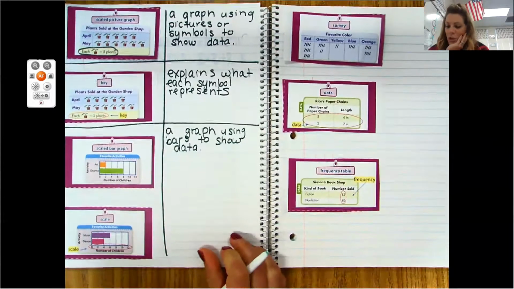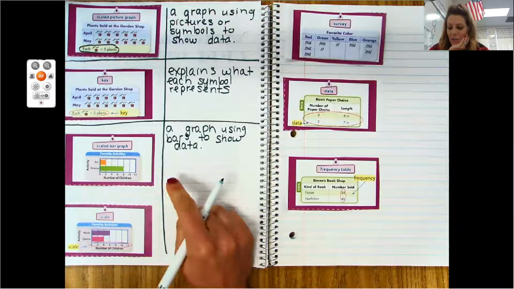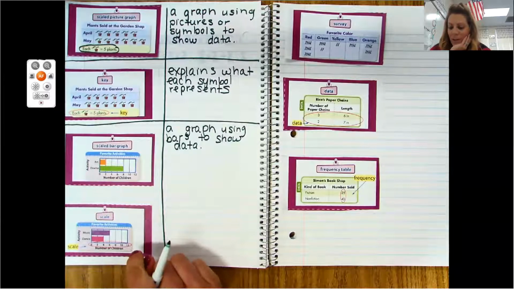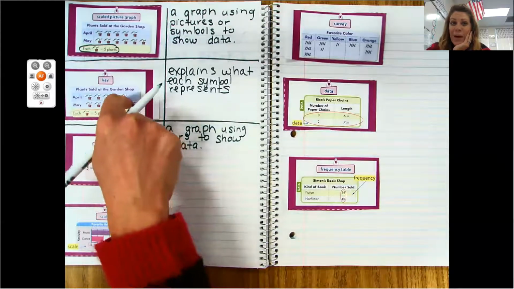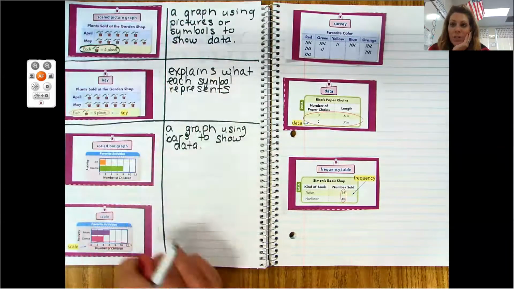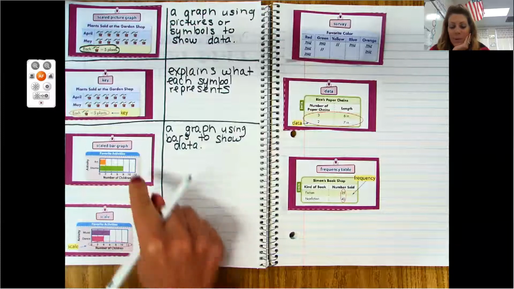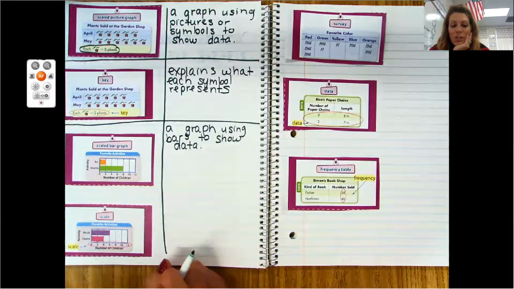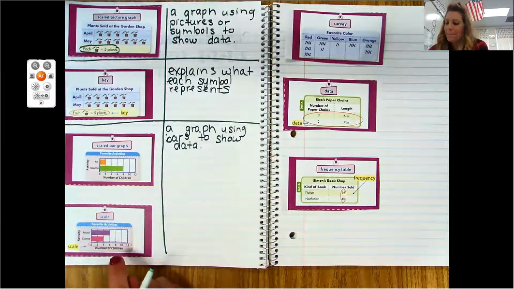Okay, so with a bar graph, there is something called a scale. And just like when we use the key to help us with a picture graph, we have to use the scale to help us with the bar graph because it shows the units used on a graph, okay?